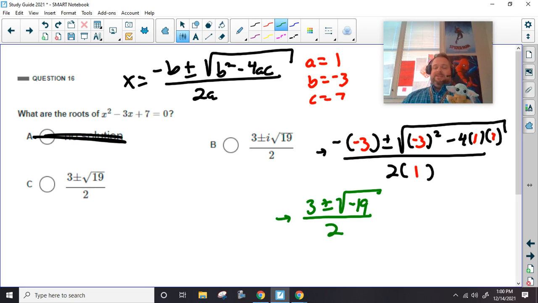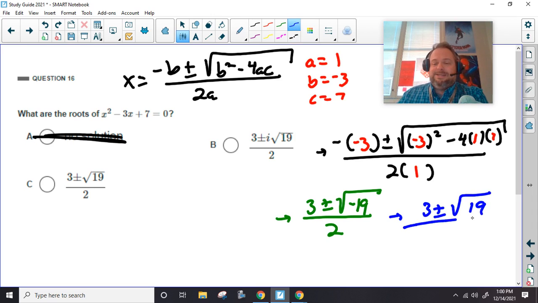Now, this is what's funny. This happened yesterday a lot, even though we had a whole unit on complex numbers. Why do I keep getting domain error for the square root? Okay. So you would take the positive version of that square root and you just get 19.